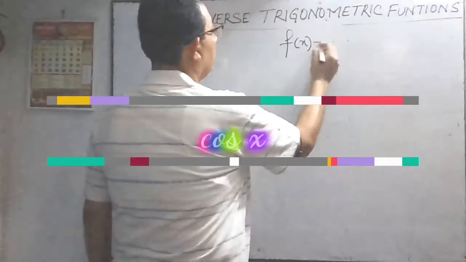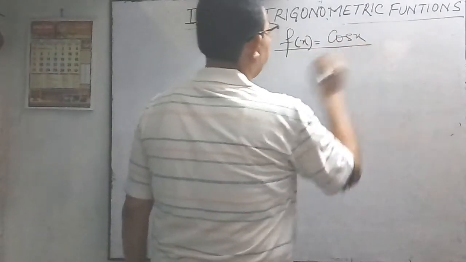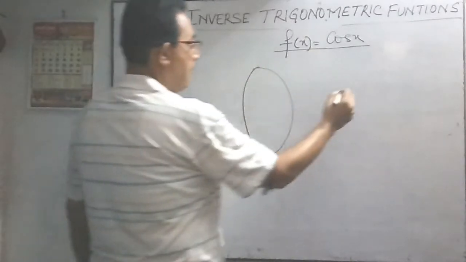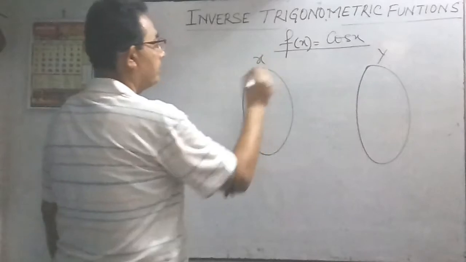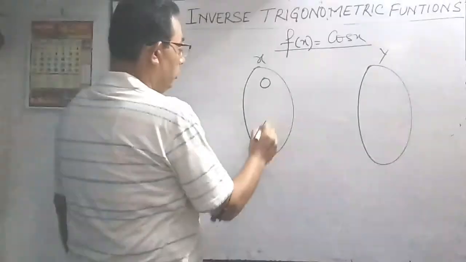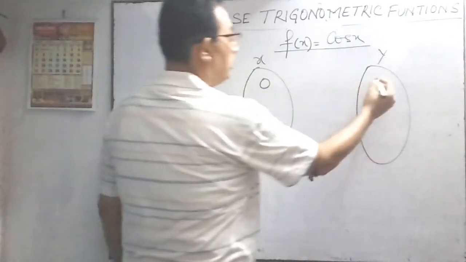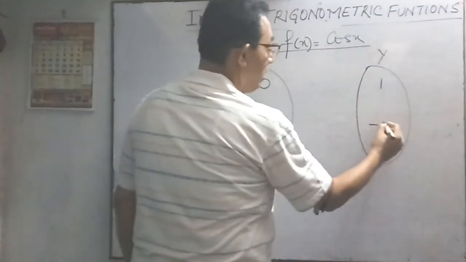function f(x) equal to cos x. You see, y, x. If it is 0, pi. Cos 0 is what? 1. Cos pi is minus 1.